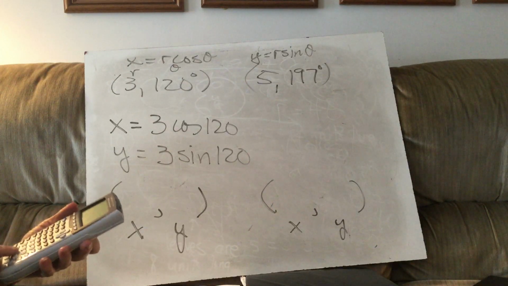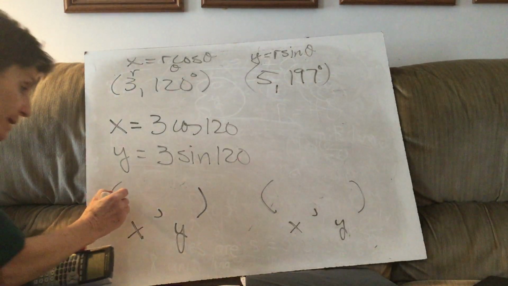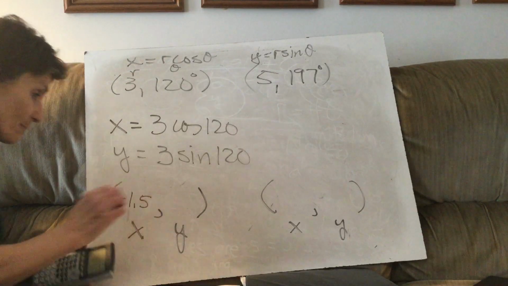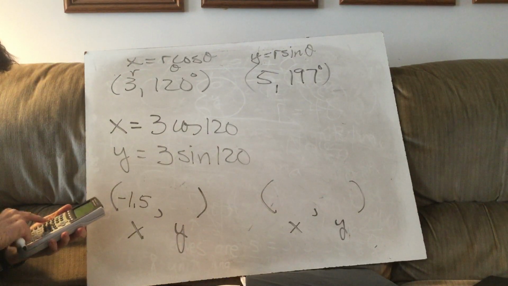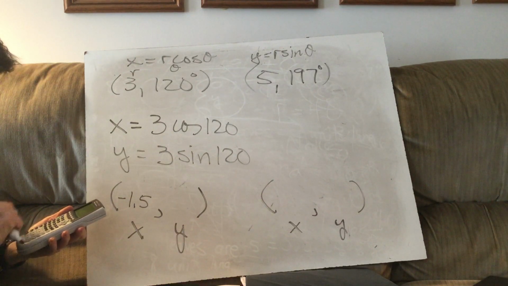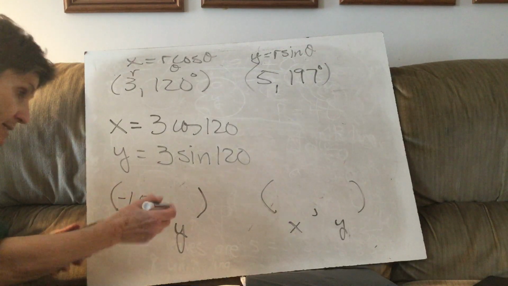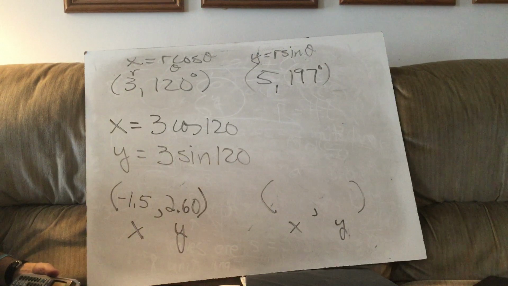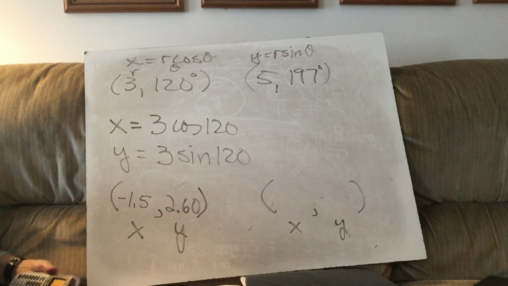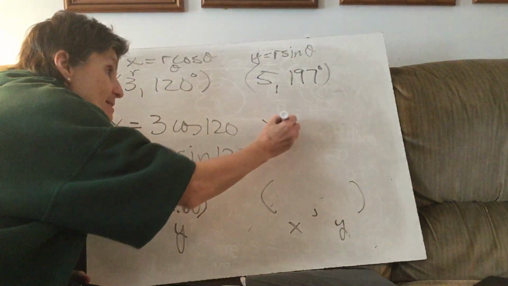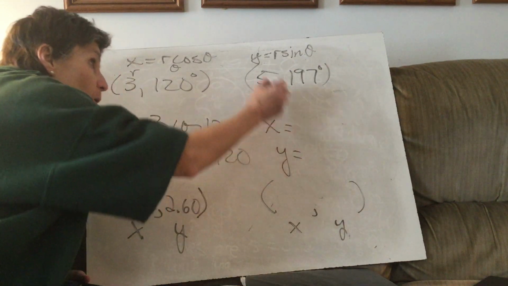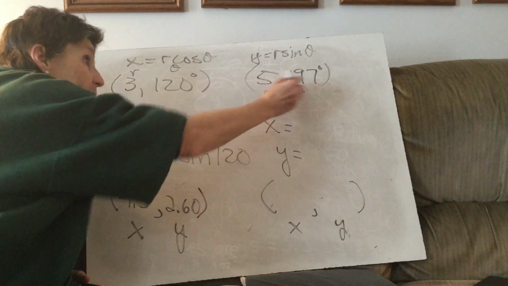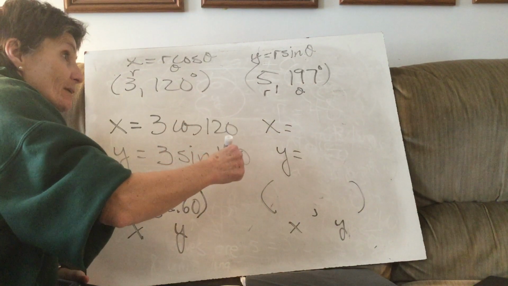So 3 cosine 120 is negative 1.5 for x. 3 sine 120 is 2.60 for y. So there are my rectangular coordinates. This is going to be exactly the same thing, only this r and theta are 5 and 197.